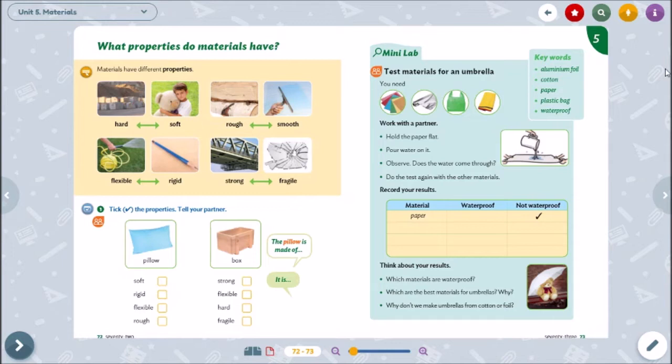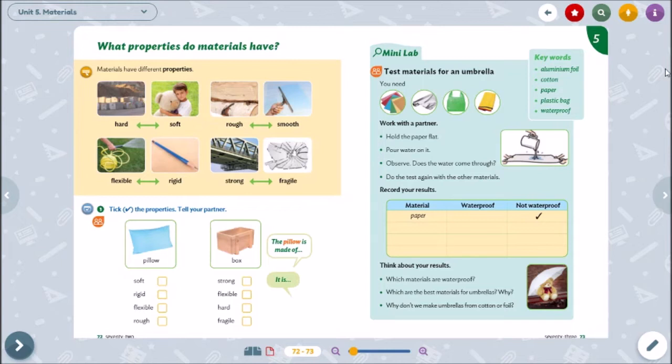Smooth is not going to be bumpy, so if you feel the glass, you won't feel bumps in it, while rough is more like Velcro, or if you put sand, salt, or sugar on the counter, it's going to feel very bumpy. It's going to feel rough.